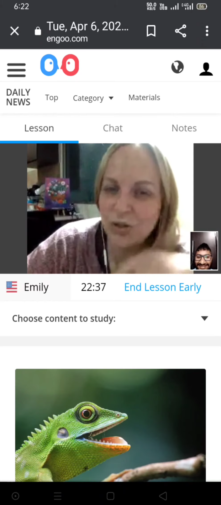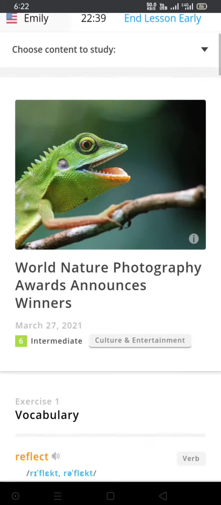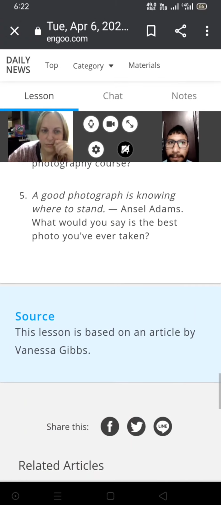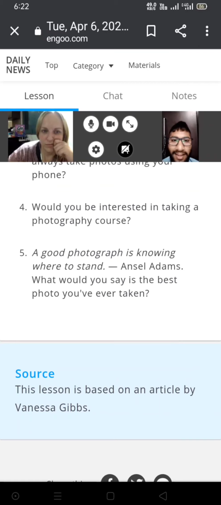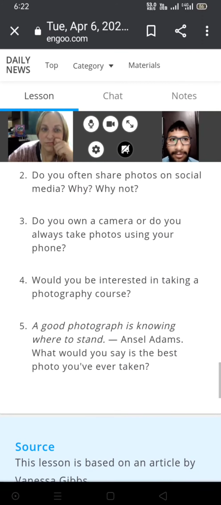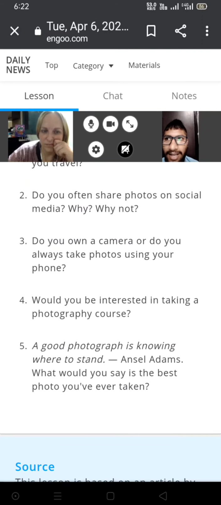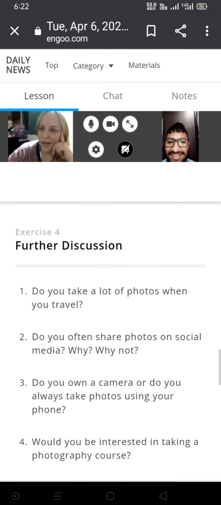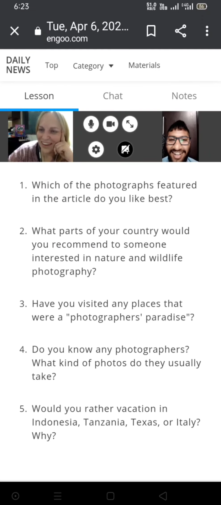Do you take a lot of photos when you travel? First my priority is to be in the moment, and if I get time, I also take shots, and I like to take shots of nature. Okay, great.